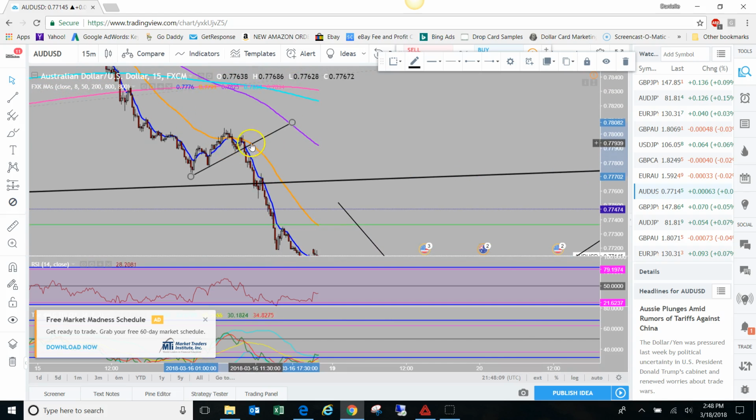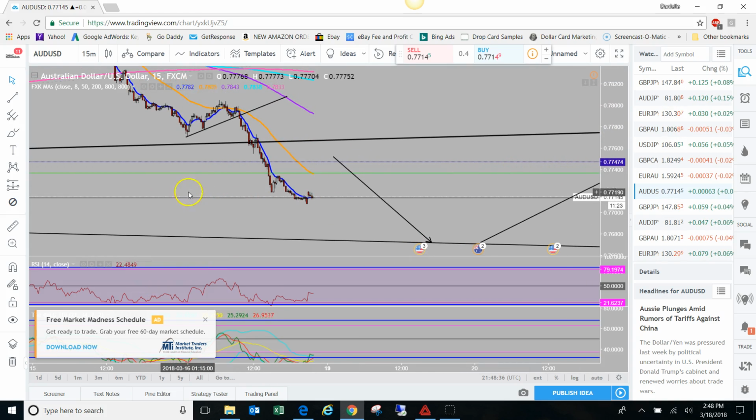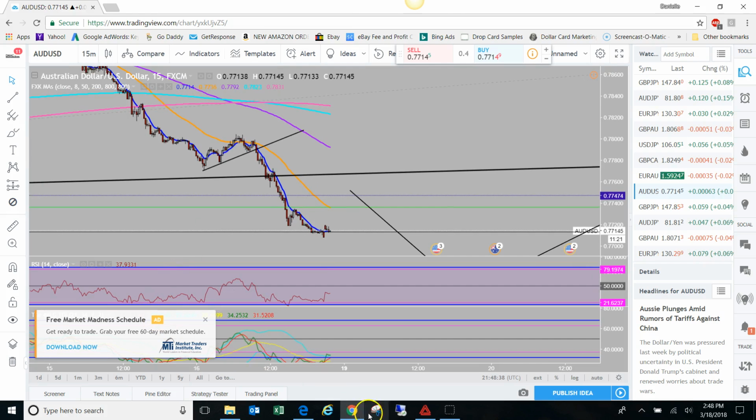So you could have entered here, taken your take profit at this daily support, secured the bag, and then upon the continuation of the downtrend, you could have waited till it broke this, retested. You could have entered again here, and you could have just ridden that down for more pips.